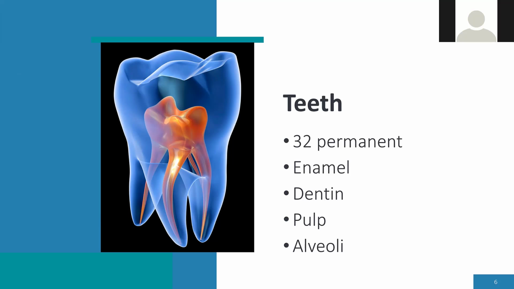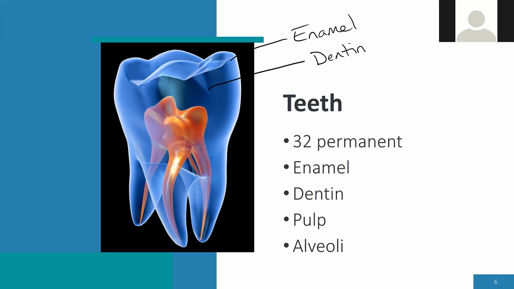We have 32 permanent teeth, right? Typically, most people, 32 permanent teeth. Working our way from the outside in, the very outer layer is the enamel. And then just below that enamel surface, a little bit deeper in, is what's called the dentin.